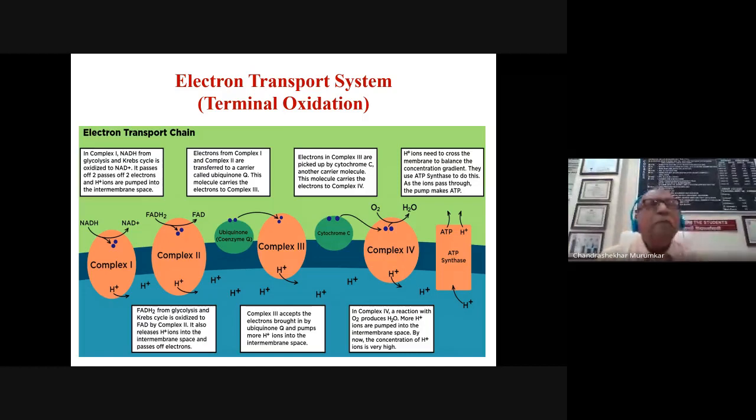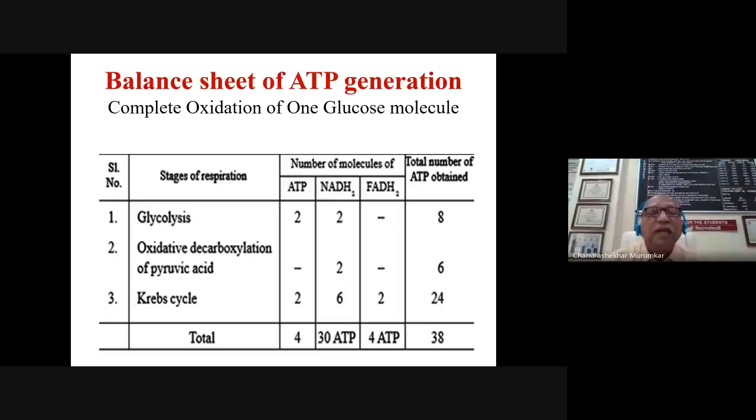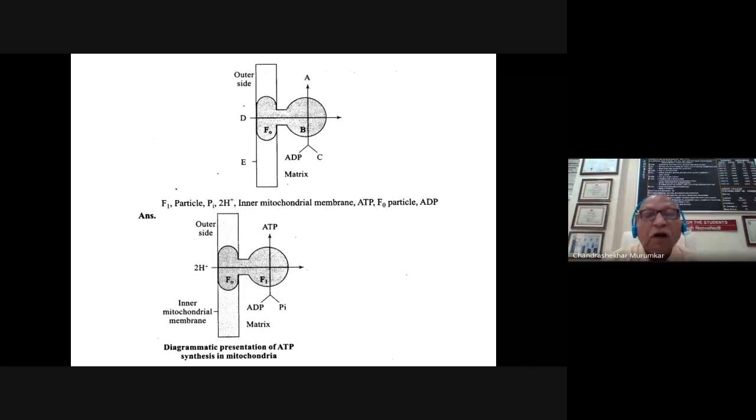Because of that, the mitochondria are known as the powerhouse, because they are continuously supplying ATP molecules to the whole cell, not only to the mitochondrion, but even to the cytoplasmic reactions. And because of that, the cell is undergoing the different metabolic activities. So all this process of terminal oxidation and synthesis of ATP molecules through oxidative phosphorylation is very important.